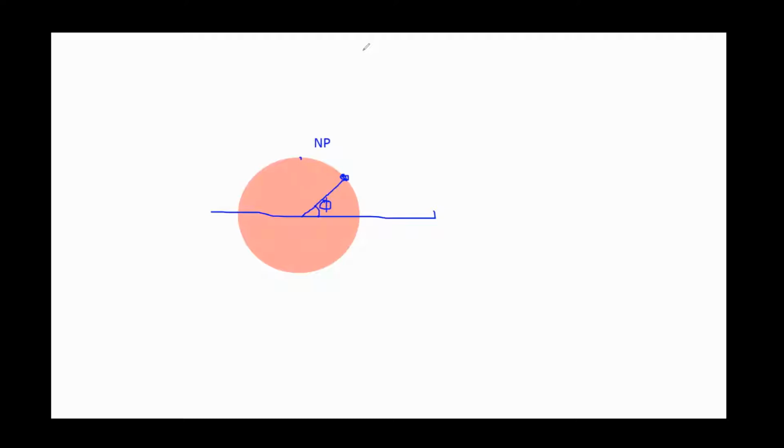And then if you remember the lambda, this is the equator. We are looking from the top now, so we are looking this way. And the North Pole here is going to be only a point, if you remember.